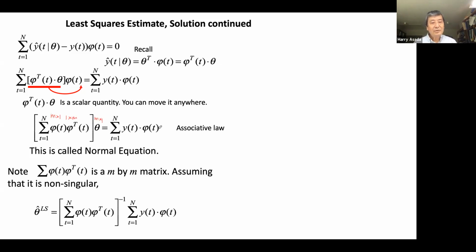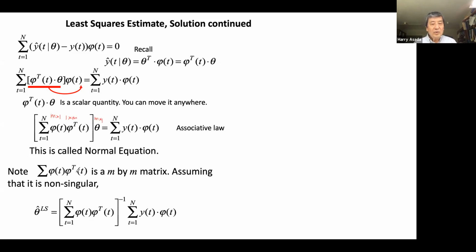Okay, we take the summation over t equal 1 to n. You see this kind of equation quite often. It has a nice name, a normal equation. Now, phi t times phi t transpose is m by m matrix, right?